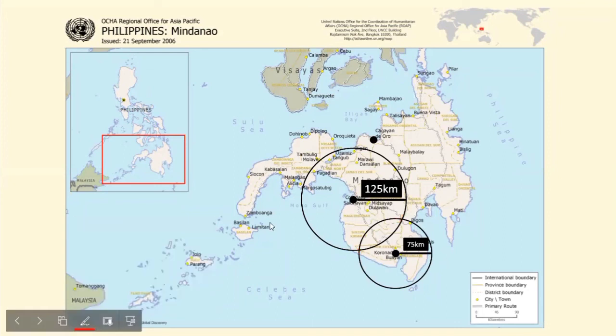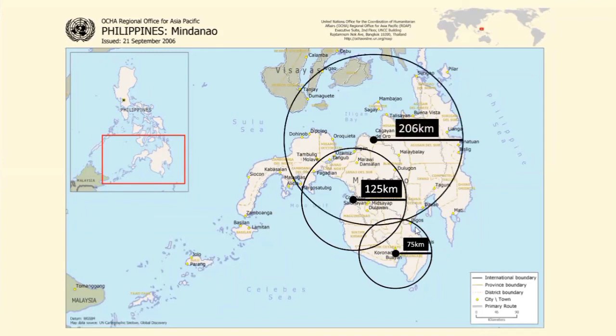And that is the third station, Cagayan de Oro, which has a radius of 206 kilometers. Now, as you can see, there's only one intersecting point between the three circles. And that is what we call the epicenter.